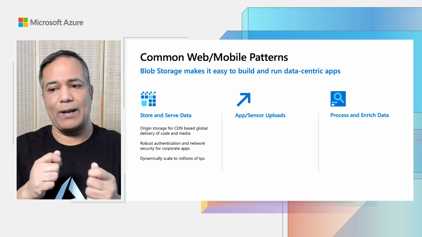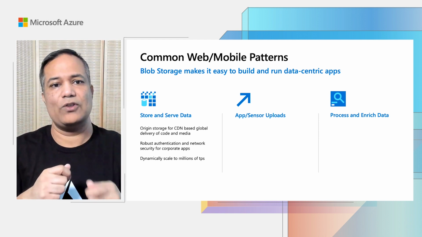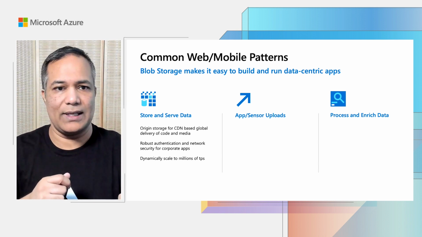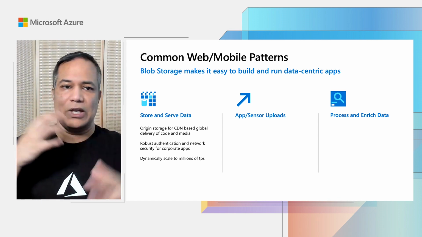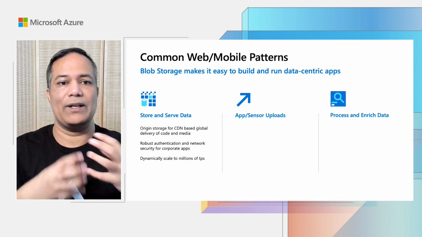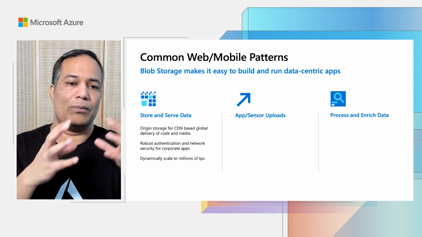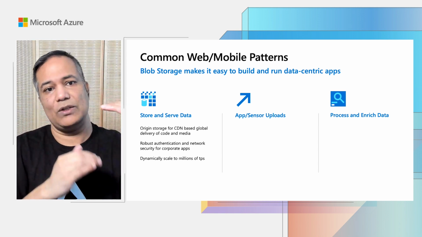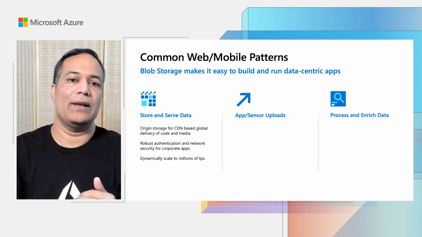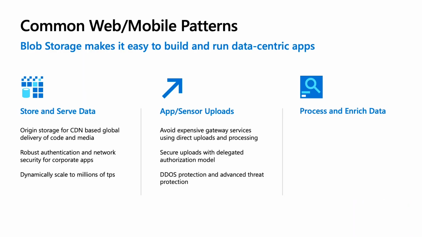If you're building a corporate application, you have great security features like AAD-based authentication, turning off public access, key rotation, and all of the security and compliance needs that your internally secure applications need. So you can still use Blob Storage to build and serve those applications.